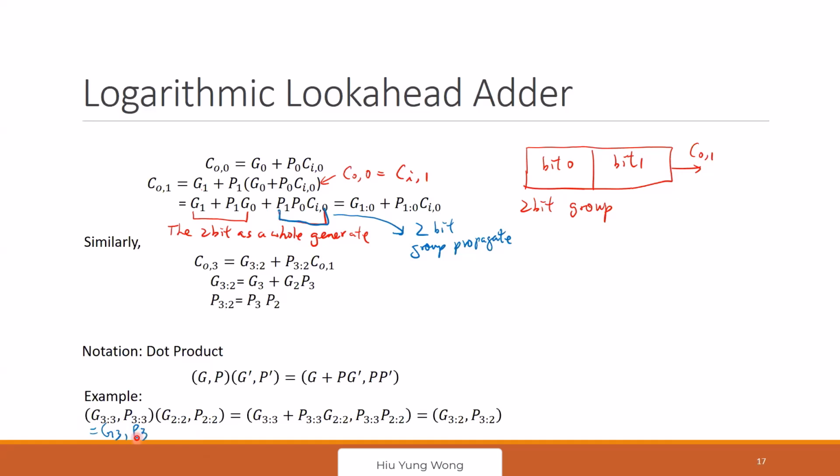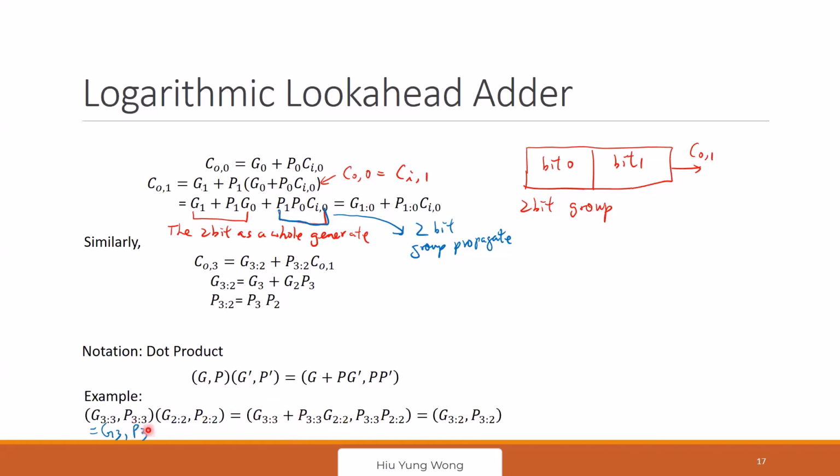So these two things, I put them together, is just the same as this notation, okay? B3 and B2 propagate is equal to the propagate, and then you will do G33 plus P33 times G22. That is the dot product of this notation.